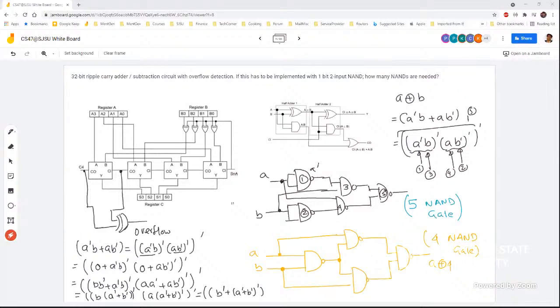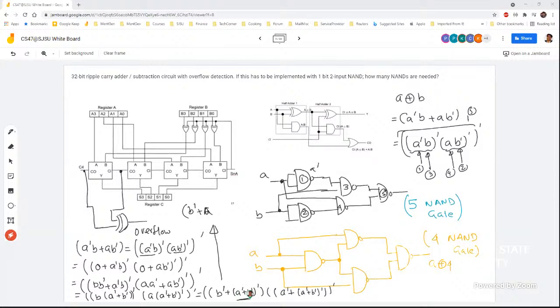And then we can write it as A bar or (A bar or B bar) whole bar, and everything is brought together, and from there we can simplify it as B bar or A, yeah, by De Morgan, this one.